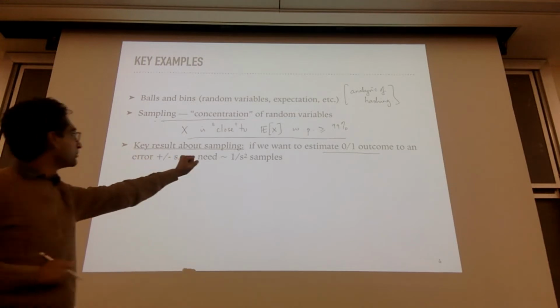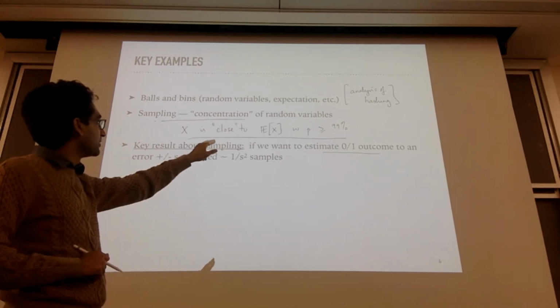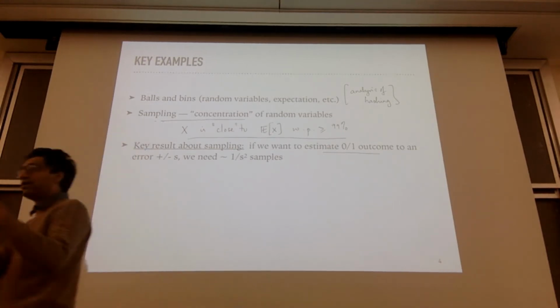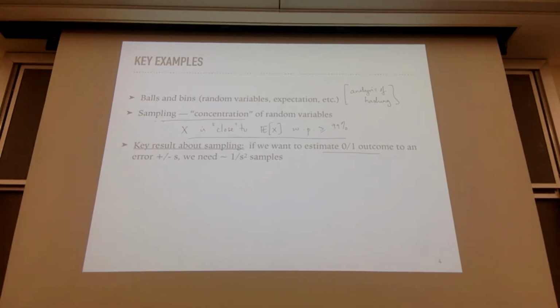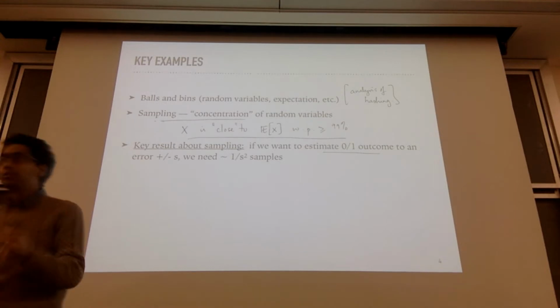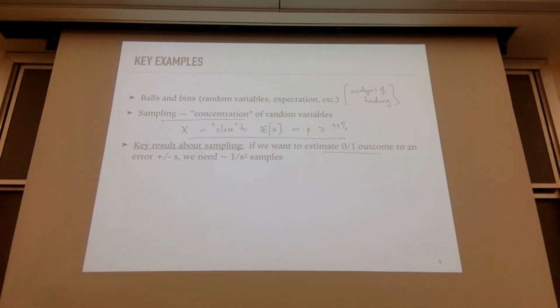If you want to estimate a 0-1 outcome, so you have a population, everybody has a 0 or a 1, and you want to estimate the fraction of ones, then if you want to estimate the fraction to an additive error of plus minus epsilon, you need something like 1 over epsilon squared samples if you want a probability of, let's say, 3/4 of being correct.